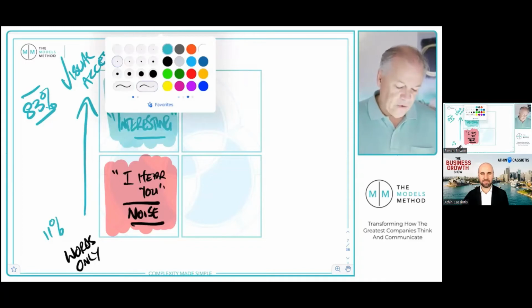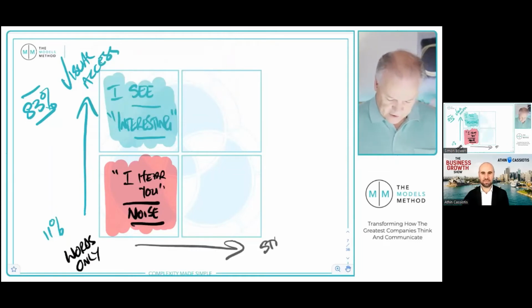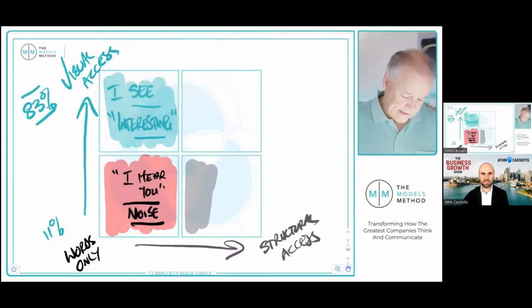And so people will use clip art and things like that, which is fine, but it's still missing something. On the other dimension, we need to give people structural access to the idea. What I'm doing with this model is giving everyone structure for the idea. And when we give people structural access, they say, "Oh, I get it."